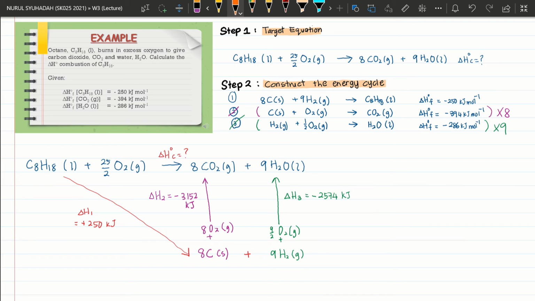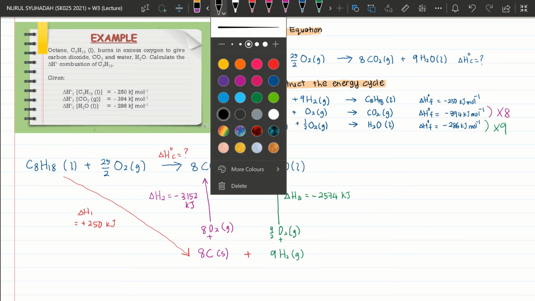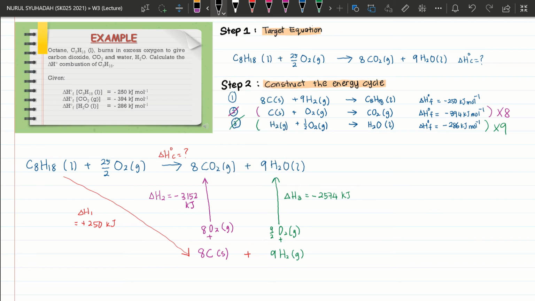What we are going to do now is look at the direction of the arrow, and identify which arrow follows clockwise and which follows anti-clockwise. If you look here, the blue color one is the only arrow that proceeds clockwise.